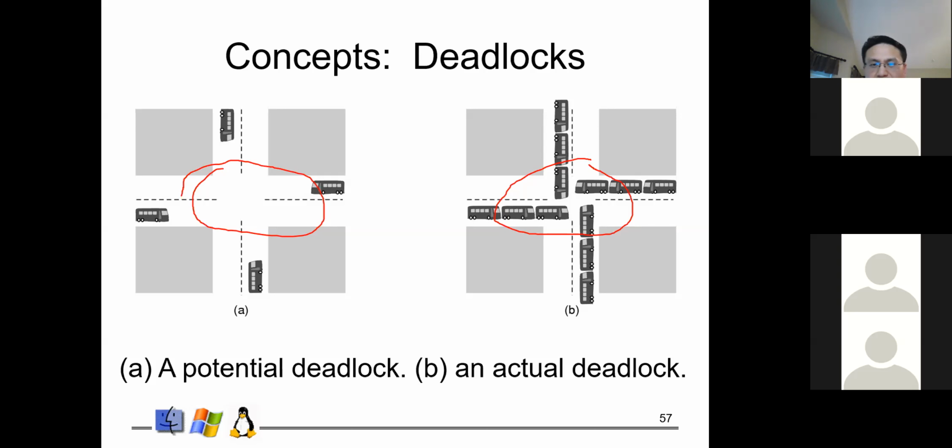But for a vehicle to go through this intersection, it has to have, let's say this one is vehicle 1, it needs to also have what vehicle 2 is occupying to get through, right?